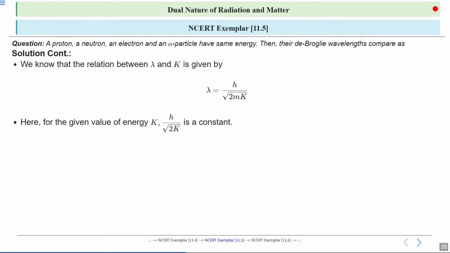Since all the particles have the same energy K, the part h divided by square root of 2K is constant for all of them. That means the only thing that changes the wavelength is the mass of each particle. So lambda is proportional to 1 divided by square root of mass. In other words, the lighter the particle, the longer its wavelength.